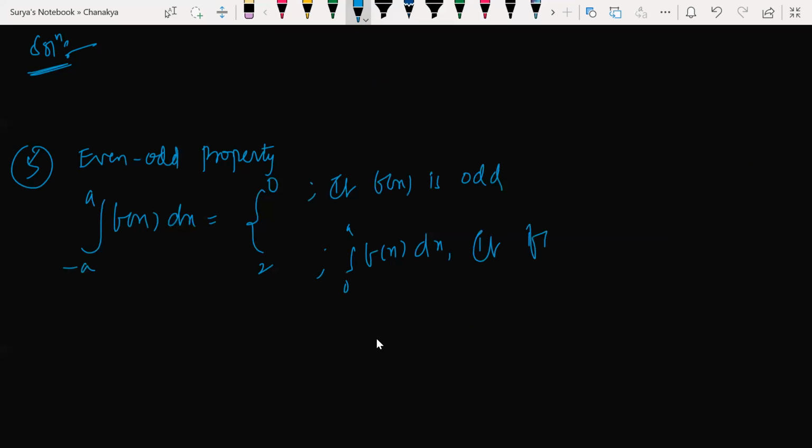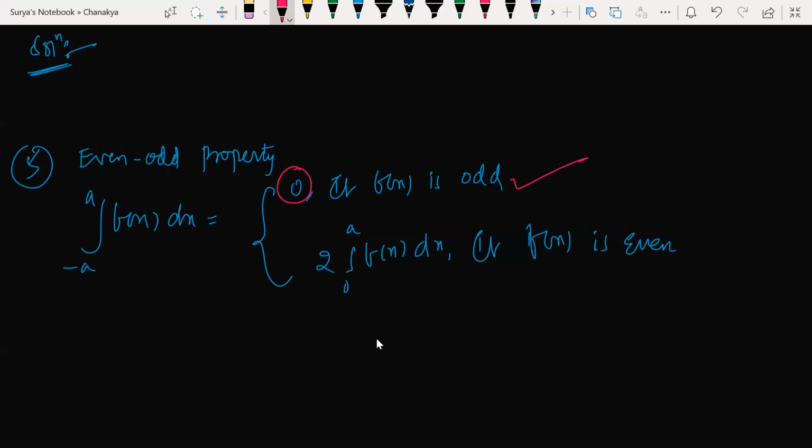So if the function is odd, the answer is 0.